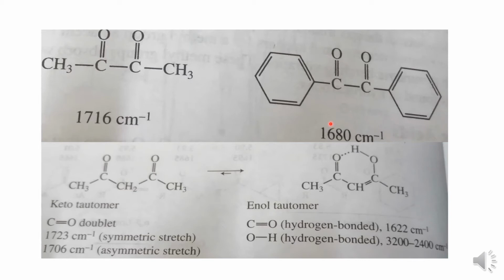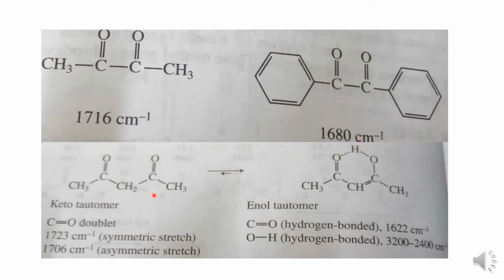Unconjugated diketones that have two carbonyl groups adjacent to each other show one strong absorption peak at 1716 per centimeter. If the two carbonyl groups are conjugated with two aromatic rings, then the frequency again lowers and the value is 1680 per centimeter.